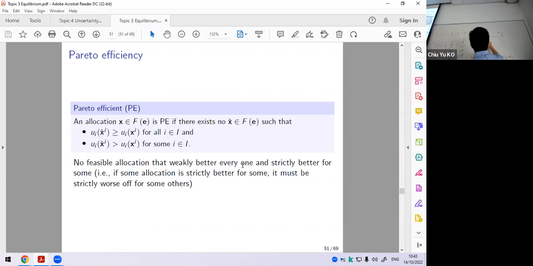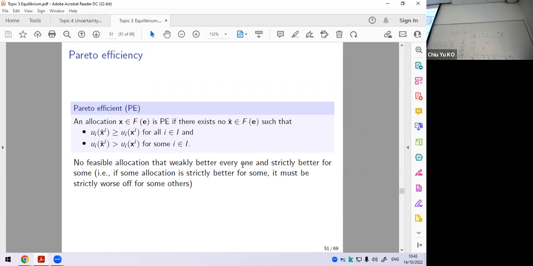Suppose this is the initial allocation, and I propose another one, suppose this is the market outcome, the Walrasian equilibrium, and we say it's Pareto efficient. It means that you cannot make someone better off without making someone worse off. Let me repeat the statement because it's very important.